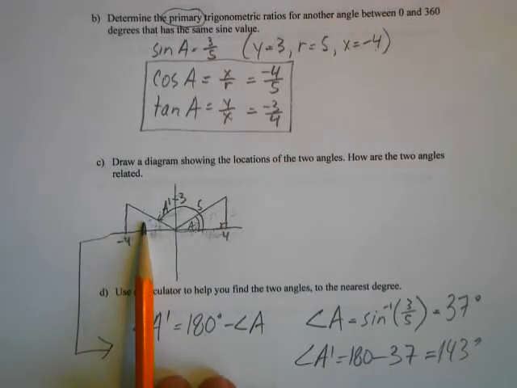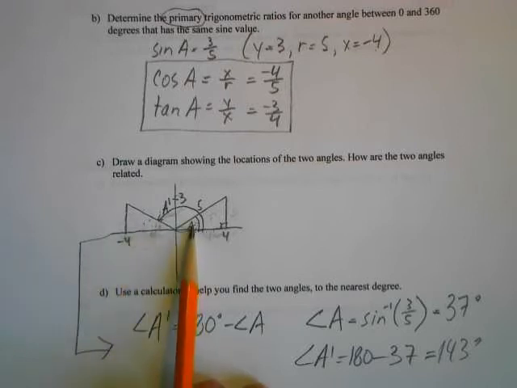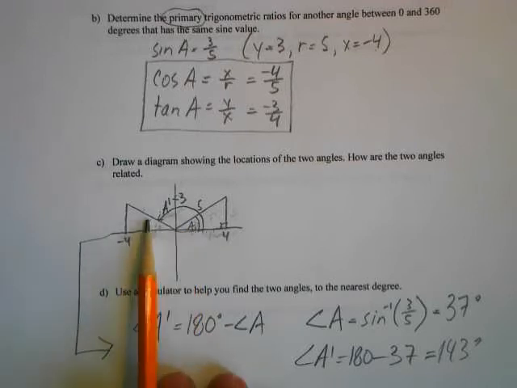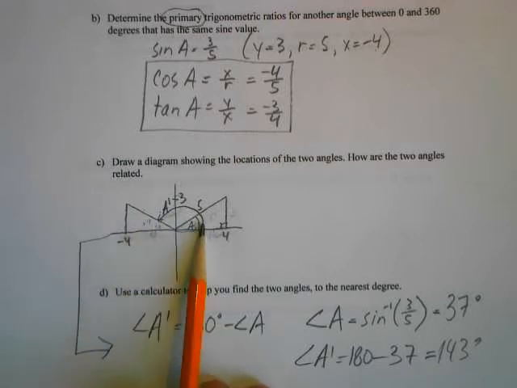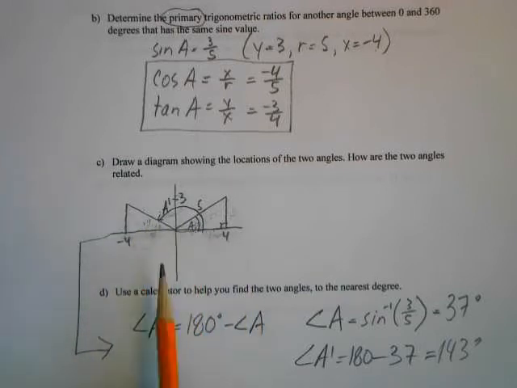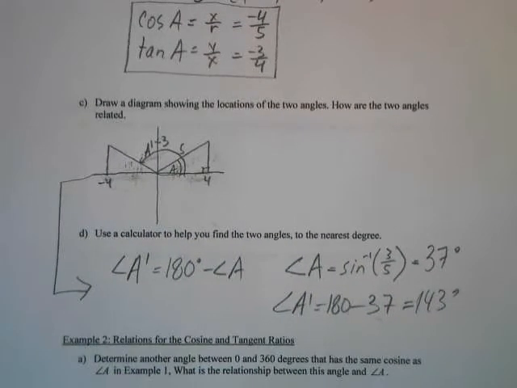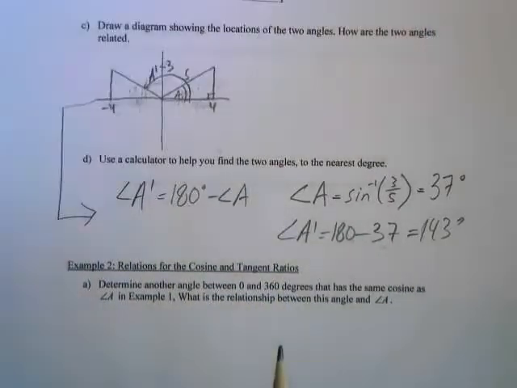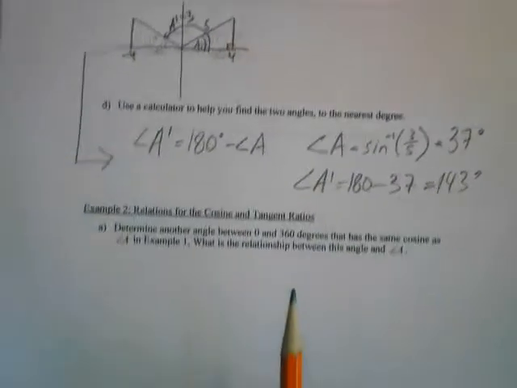If you did sine inverse 3/5 again, of course you're going to get 37 again, but that doesn't give you the second angle. So you actually have to know where that second angle is, how it relates back to the quadrant 1 angle, and then do the necessary math, in this case 180 minus the original angle. Okay, and that's going to be different for cosine and tan, so we're going to do an example for those as well.